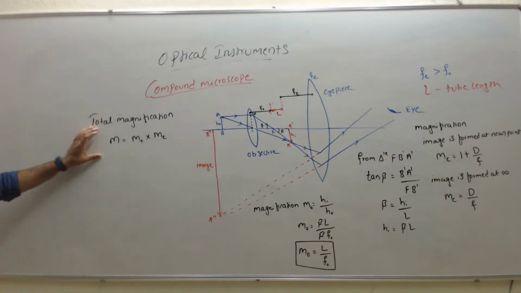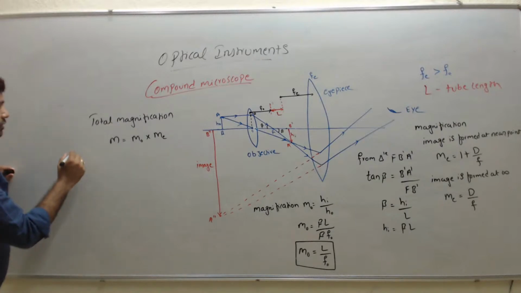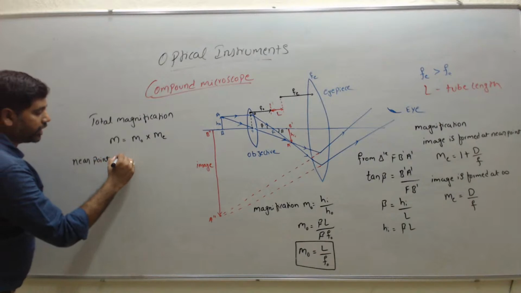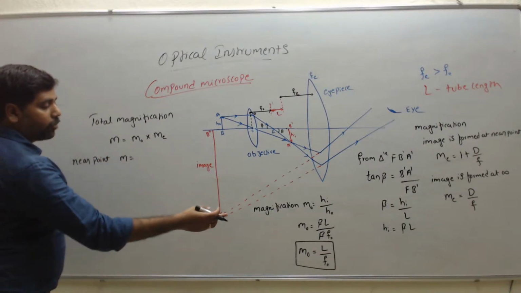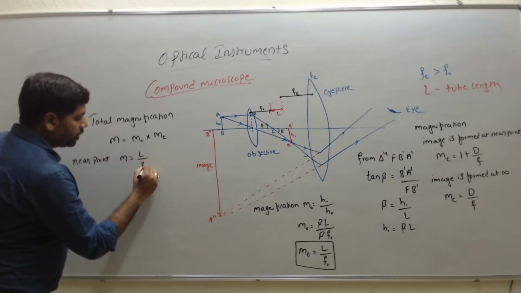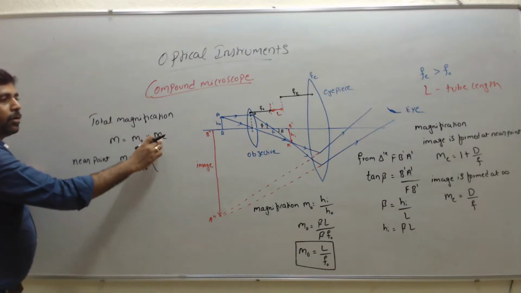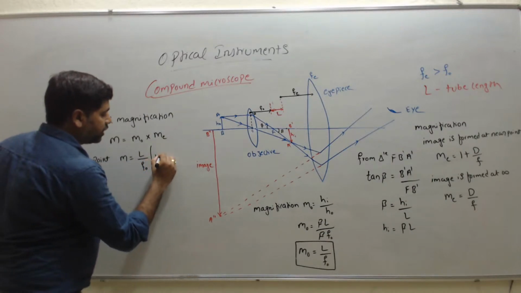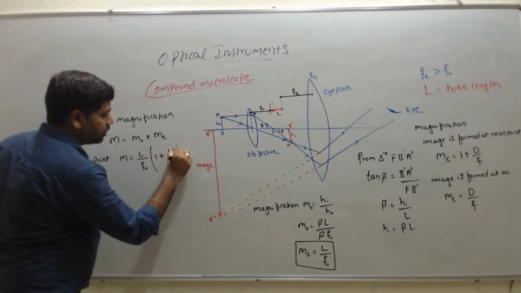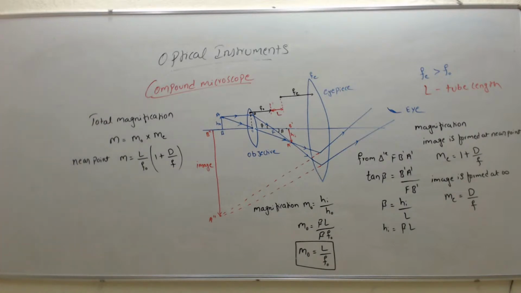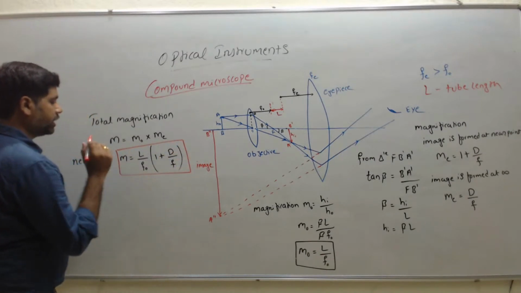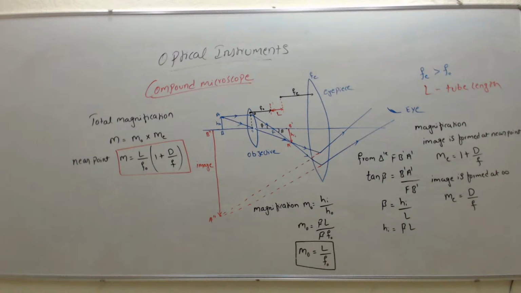So here the total magnification, if the image is formed at near point, M is equal to MO, that is L by FO, into ME at near point, that is 1 plus D by FE. So this is the magnification at near point in case of the compound microscope.